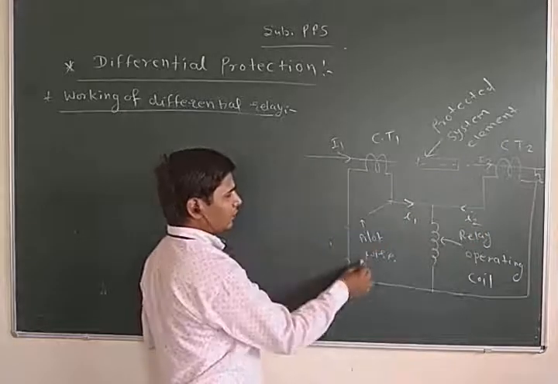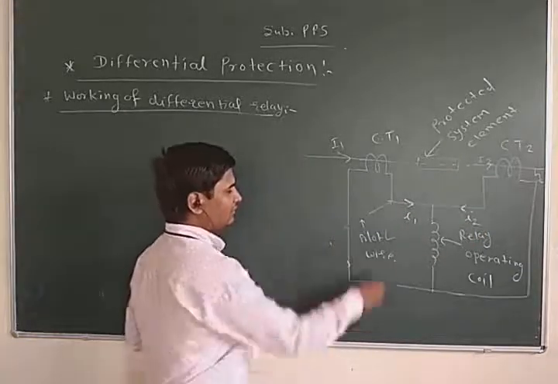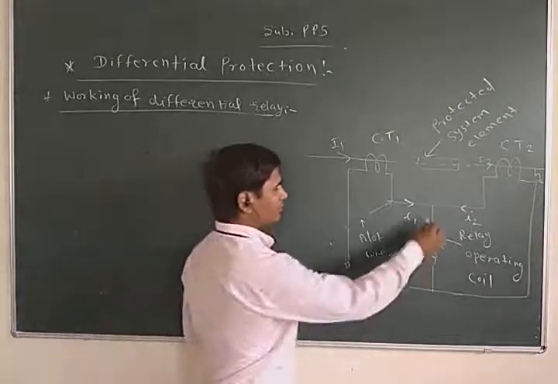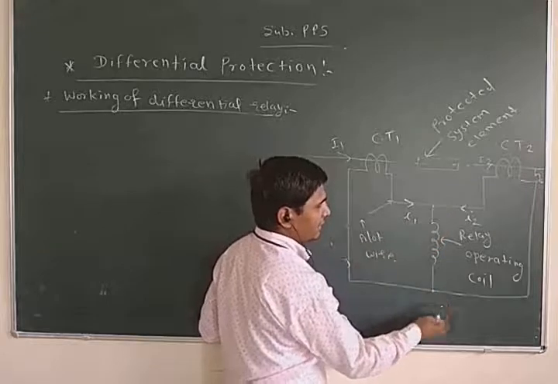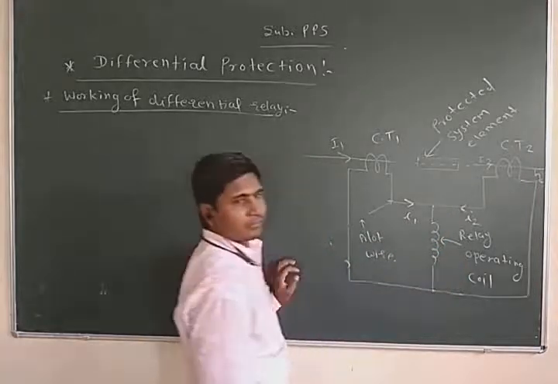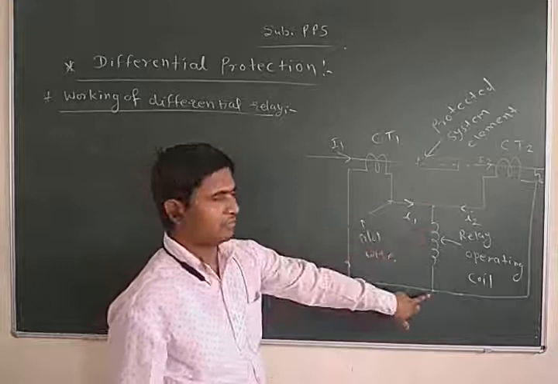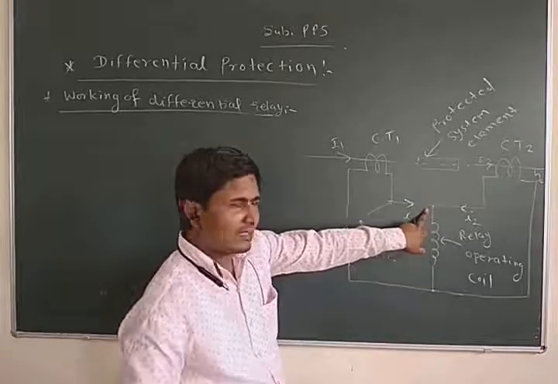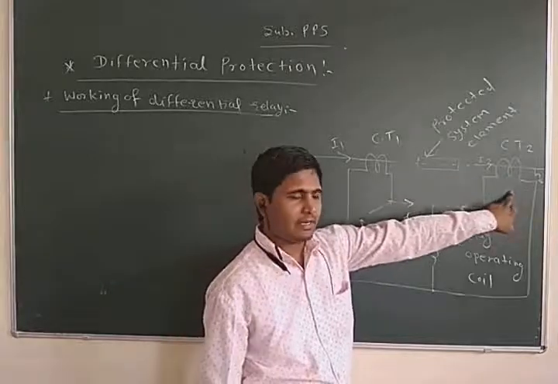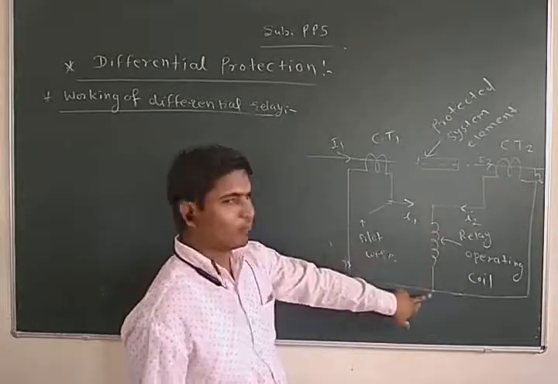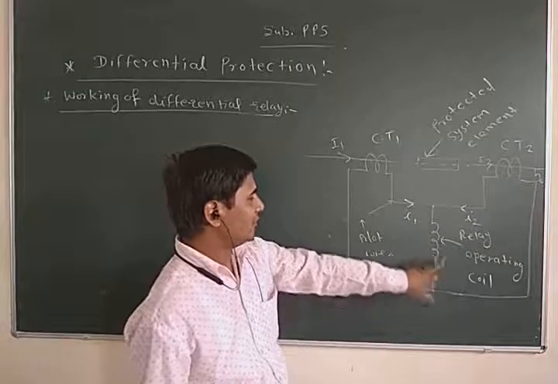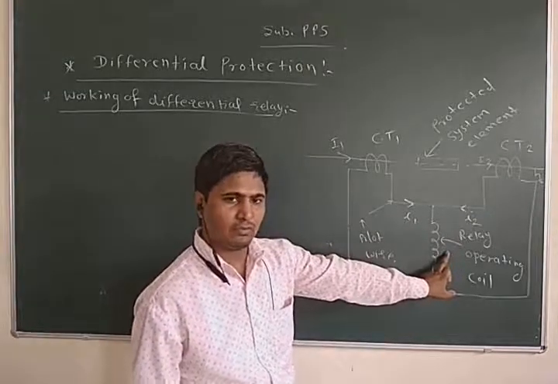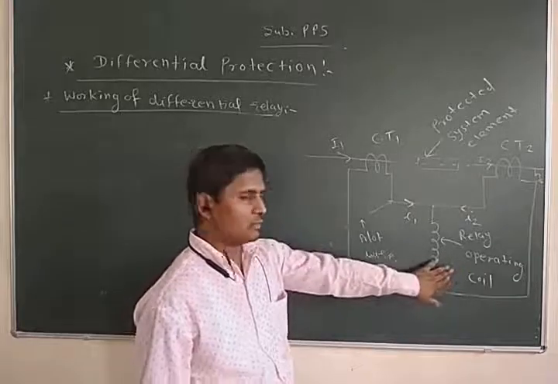These wires are known as pilot wires. Now, in the middle point of these two wires, we connect a relay operating coil at equipotential point. Equipotential point means in balance condition, if there is no fault in the circuit, then these points are equipotential points. Or we can say that the current in the relay operating coil is equal to 0, so that our relay will not operate.